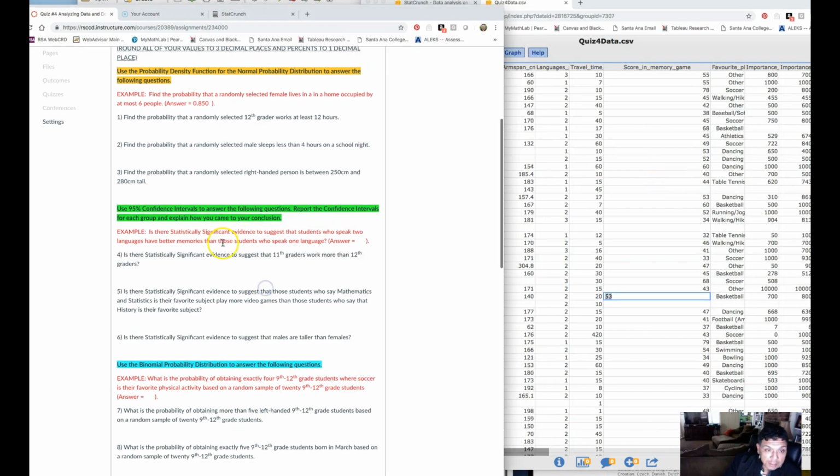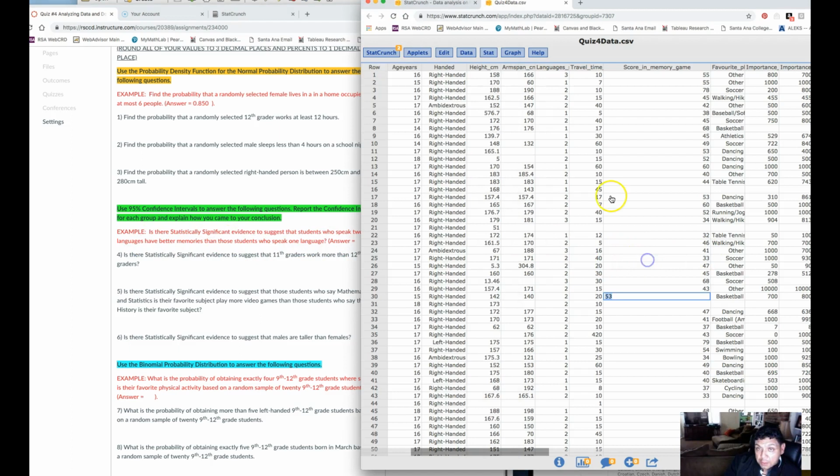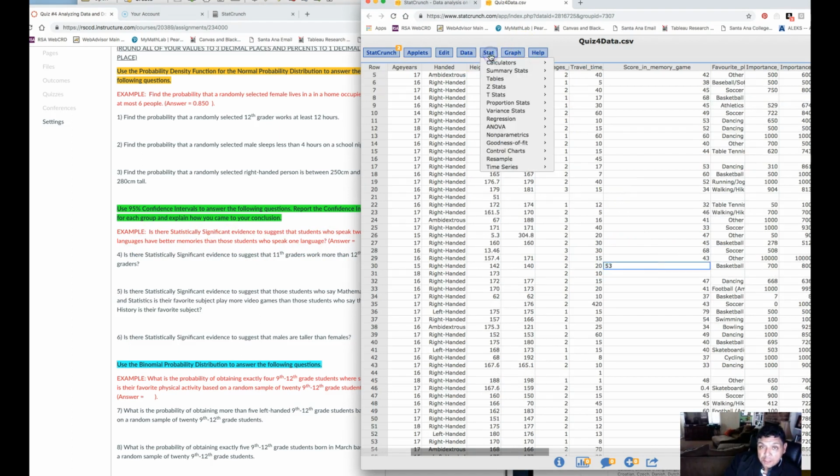And so what we're asking here is, is there evidence to suggest that those who speak 2 languages have better memories than those who speak 1? What I need to do is create 99% confidence intervals for those 2 groups. As we learned, since this is a mean T stats, I want to look at the confidence intervals for each of those groups.